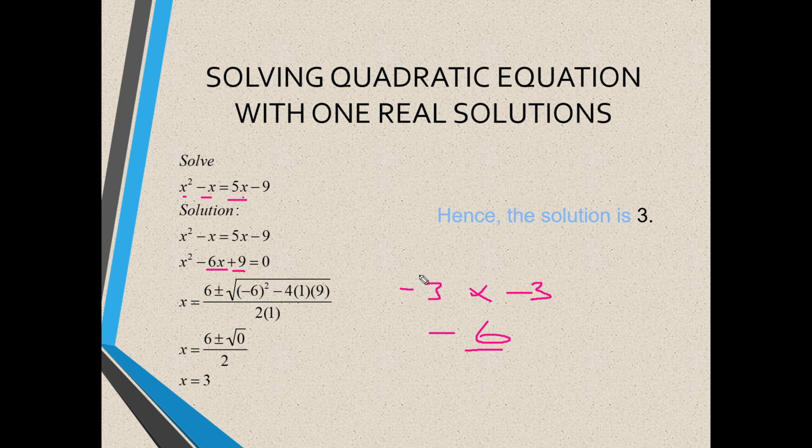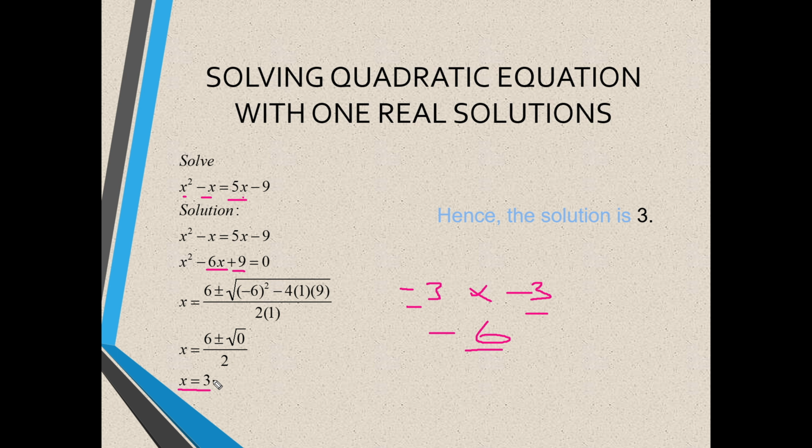So now it seems like we are able to factorize this, but they were showing you that you can use the quadratic formula if you don't know how to get the factors. You just go and apply the quadratic formula, and you find out that x is equal to 3.